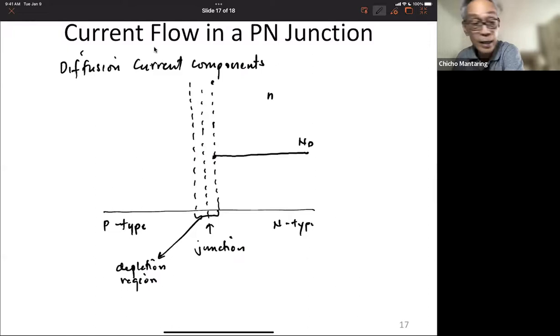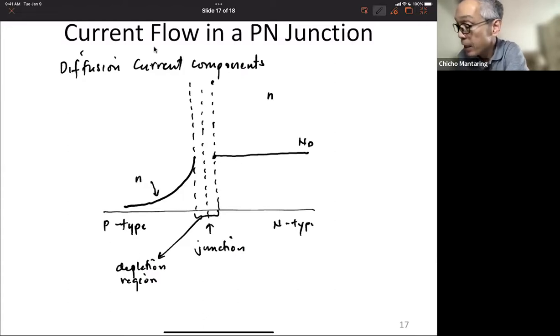And as soon as they emerge on the P side, it's going to fall exponentially. So this is going to be my electron concentration on the P side due to diffused electrons from the N side.